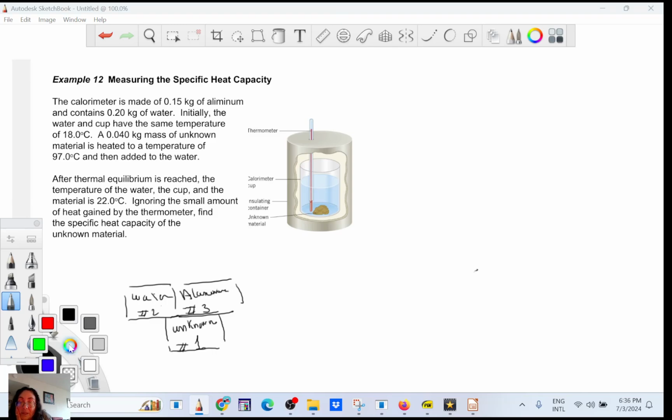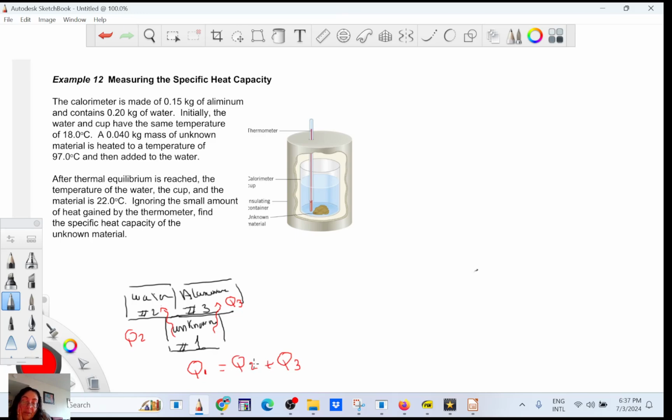So you see that heat is going to flow from the unknown to the water. I'm going to call that Q2. It's going to be positive. And then it's going to flow from the unknown to the aluminum. That's going to be Q3. And Q1 is the amount of energy lost by the unknown. So Q1 will be equal to Q2 plus Q3 in absolute value.